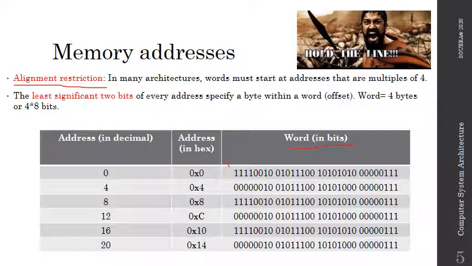So each line in the memory is made out of 4 bytes or 32 bits. Hence, each line will be 4 bytes away from the second one, 8 bytes away from the third one, etc. So between 2 lines here we'll always be 4 bytes away.